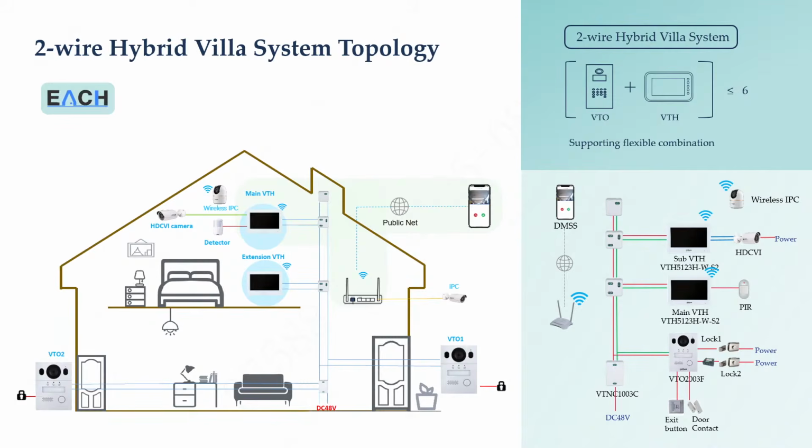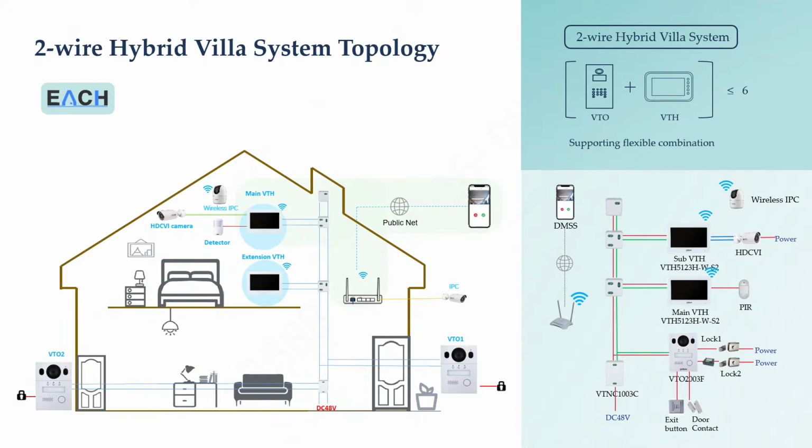Okay, after the apartment solution on the two-wire hybrid side, we also need to mention the two-wire hybrid villa solution. The situation is quite simple. These are plug-and-play devices. You connect the VTH to the cable network, and you have a working system.